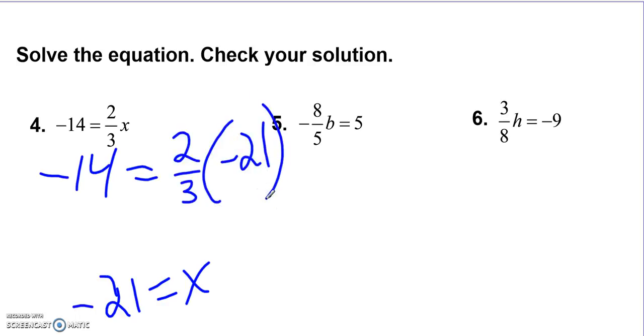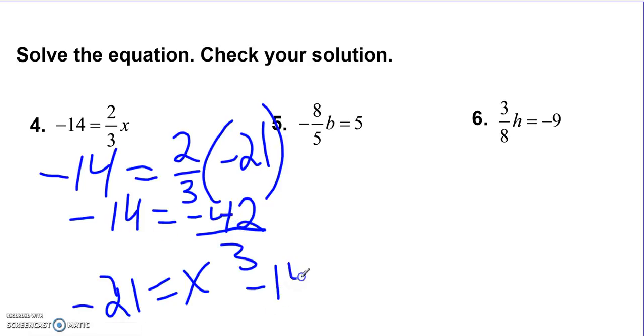So 2 times -21 is -42 over 3, which gives me -14 equals -14, which is a true statement, so we did it right. Okay?